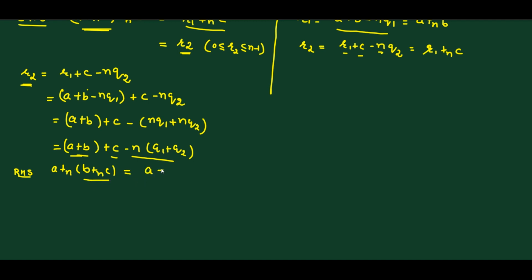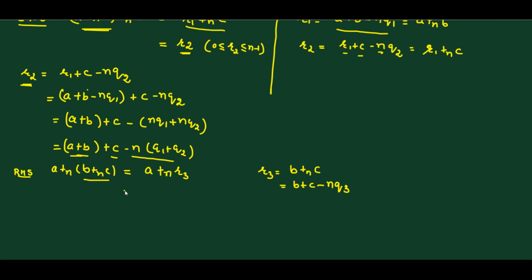So this will be R3, where R3 is B plus modulo C. Okay, so this is the remainder when B plus C is divided by N. So if you divide B plus C by N, let Q3 be the quotient, then R3 is the remainder. So you can represent R3 in this way: B plus C minus N Q3.